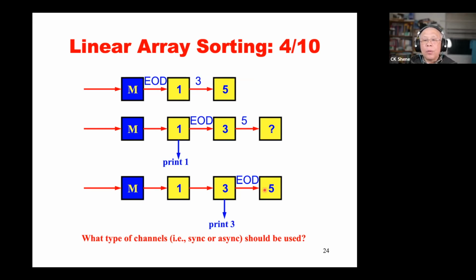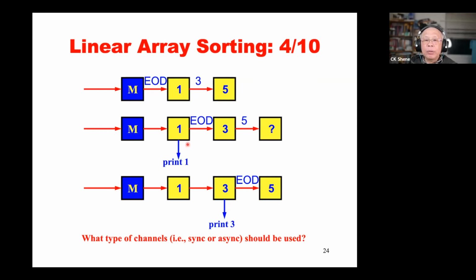So when the third thread receives EOD, it knows it's the end of the game. And the third thread prints out 5. Now, the third thread does not have a successor. It knows it's the end of the game. So what goes wrong if we print the value out here? Well, it may not always be wrong. How do you know? Notice that this thread and this thread run concurrently.